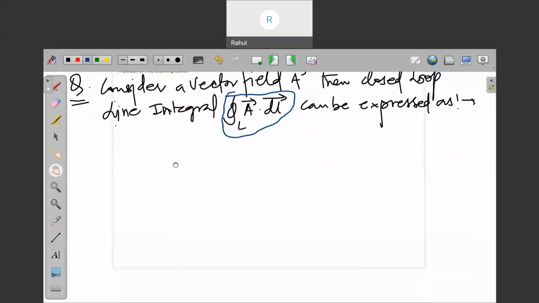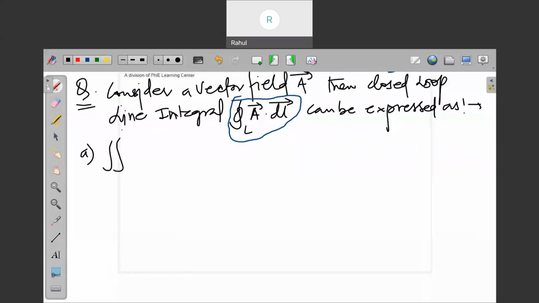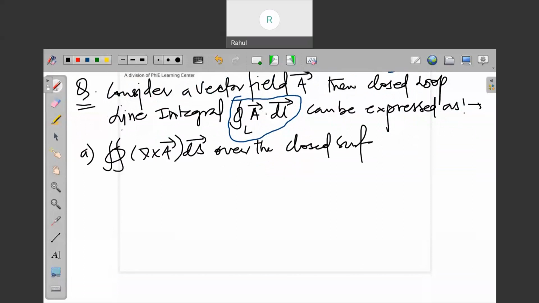Option A is basically the closed surface integral of curl of vector A, so directly it is wrong. The word closed surface puts this option out of the answer.